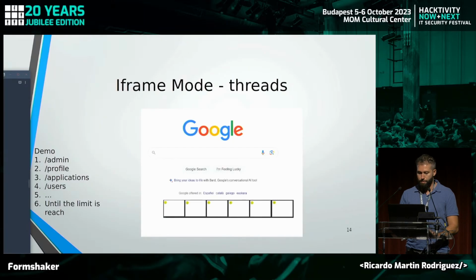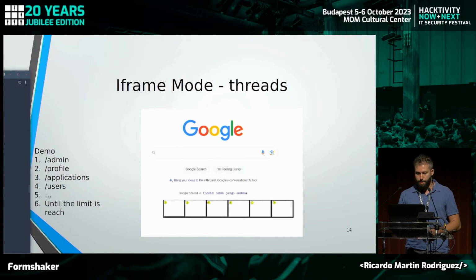Whilst the Formshaker JS agent runs on a web page, like in this example google.com, it creates 6 iframes to crawl the website. The first iframe will load /admin, the second /profile, third /application, the fourth /user, and so on until the limit for the crawl maximum depth is reached.